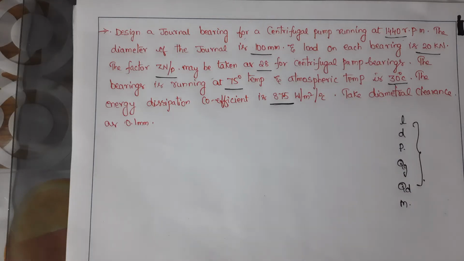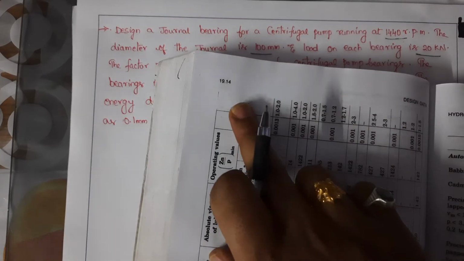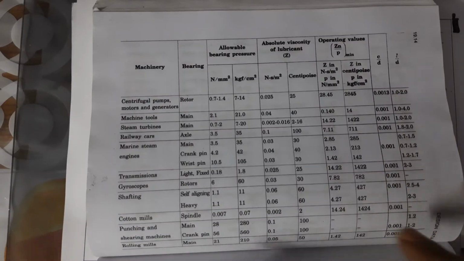Okay, the first step is to calculate the length. Here the diameter is given, that's why we can go for the length by diameter ratio, on page number 19.14. See here, on page number 19.14 you will find a tabular column.